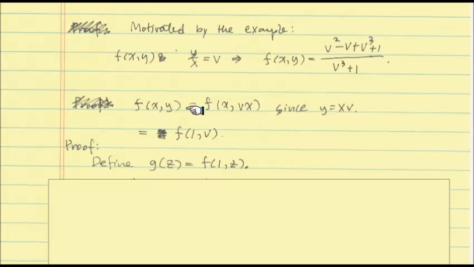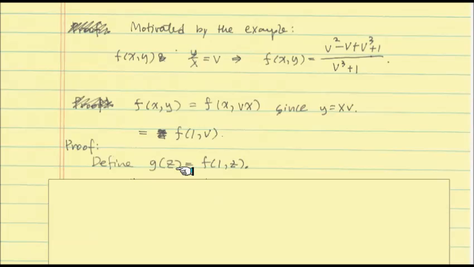That whole thing must be f of 1 comma z, because they're motivated by this one. It's one variable here. If you look here, v is exactly y over x, right? So that seems like the right thing. So that's the definition, no confusion. We have a two variable function given. Ignore that x, make it into 1. Then use the second as the one main variable. Then it becomes a one variable function, and that's our g of z.